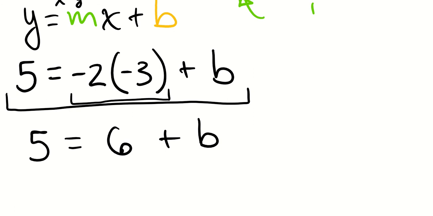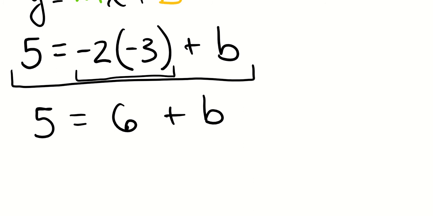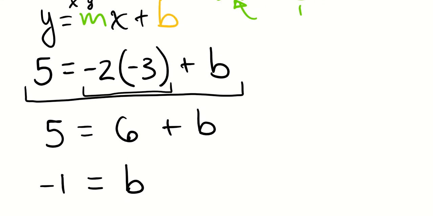On both sides now, I'm going to subtract 6. If I subtract 6 from the right-hand side, I am left with just b. And if I take the left-hand side, which is 5, and I subtract 6 from that, I'm left with -1. So I now know my other parameter. I now know that my y-intercept is -1.